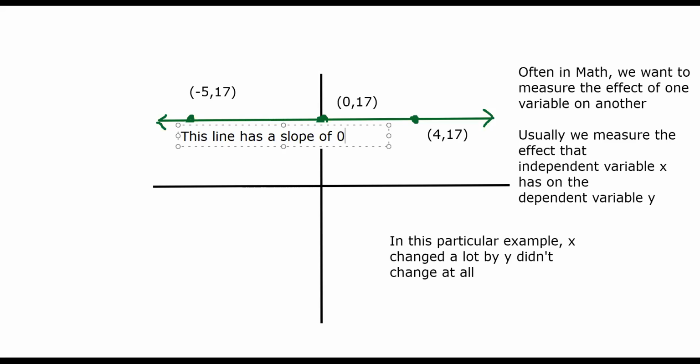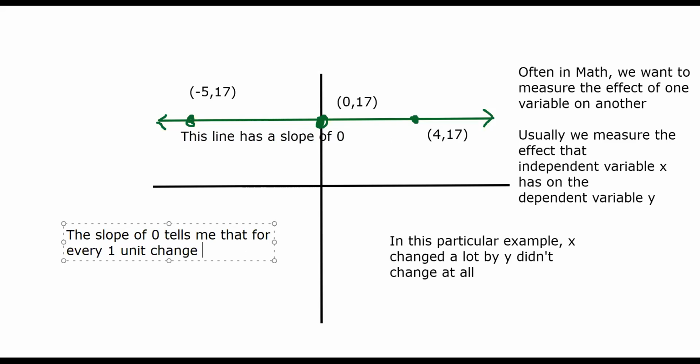But that makes perfect sense. The slope of 0 tells me that as x changes, for every 1 unit change in x, y changes by 0 units. Whoa. We just dropped a bombshell there, Pilgrim.